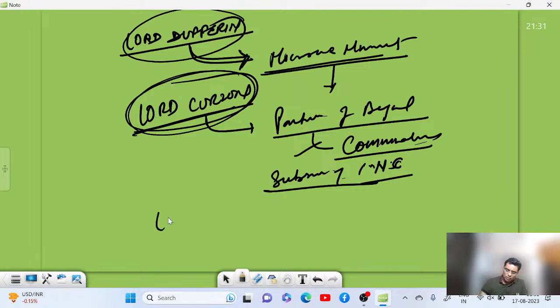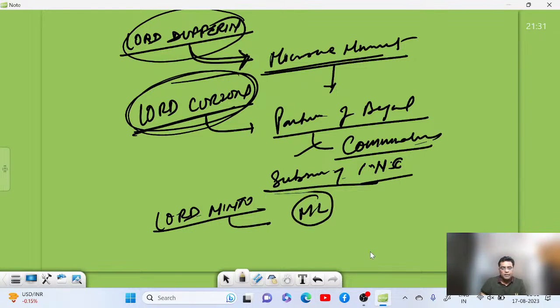And subsequently Lord Minto. Establishment of Muslim League, grant of separate electorates. So because of the British policy of divide and rule, you can write how nationalism had evolved very significantly.